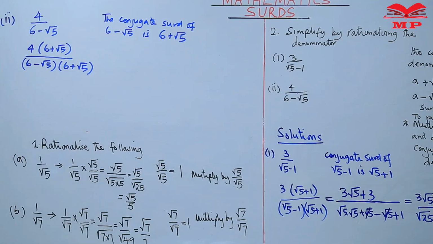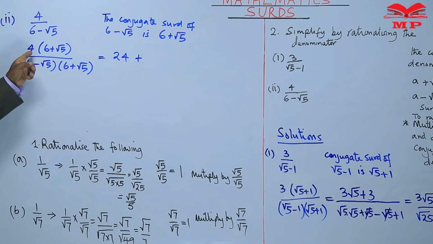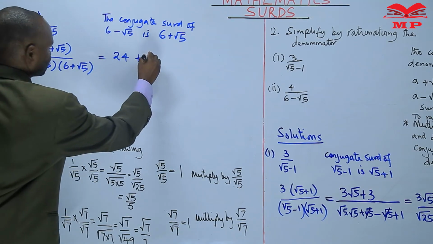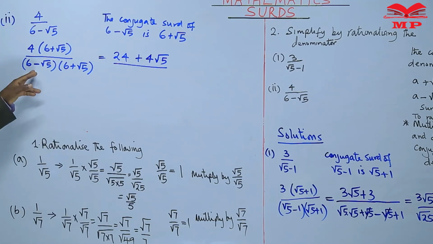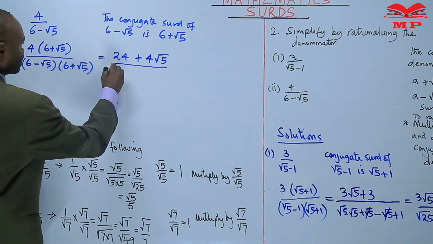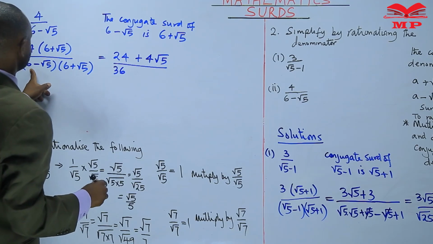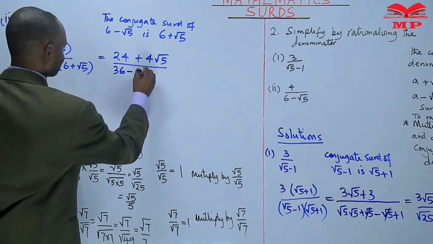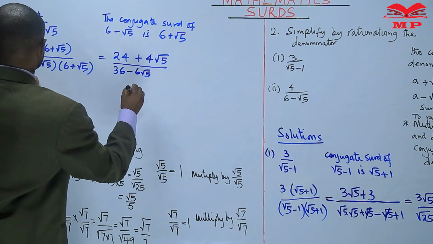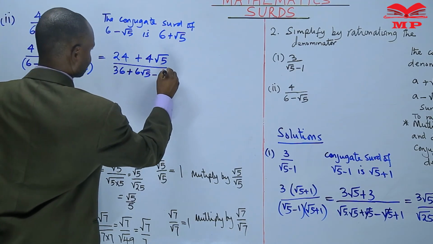So you simplify. 4 times 6 is 24. 4 times square root of 5 is 4 square root of 5. We come down. 6 times 6 is 36. Then we have 6 square root of 5, you start with plus, then minus 6 square root of 5.